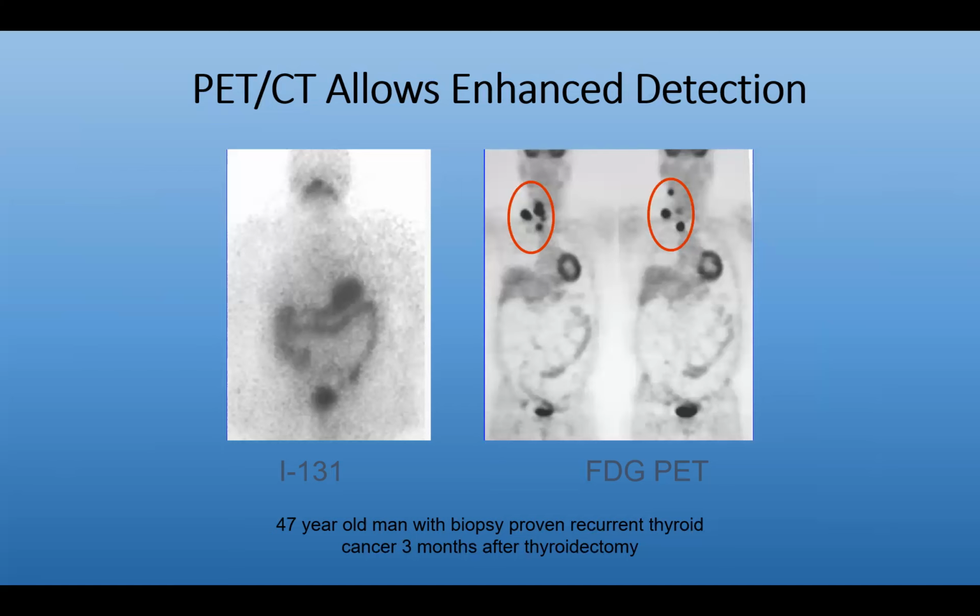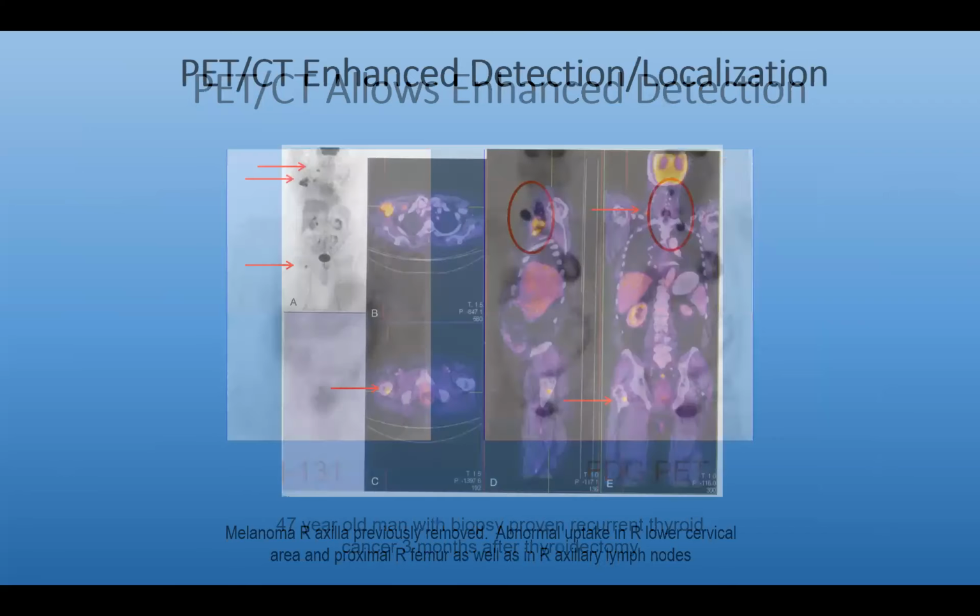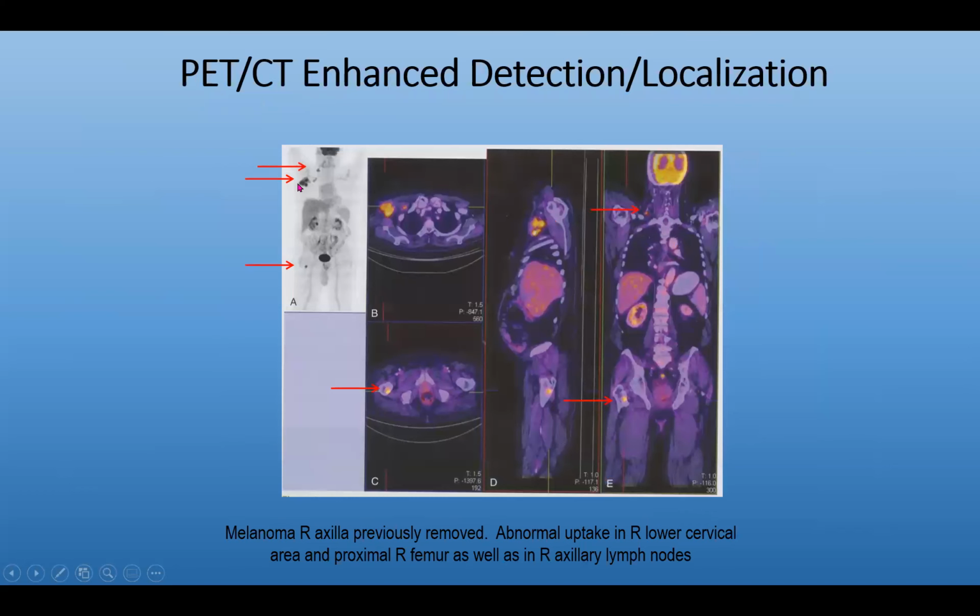Here's another example of enhanced detection and localization. The PET study showed that the patient had a number of abnormal lesions in their body. This was a patient with a melanoma in the right axilla that had been removed. You can see that there's still some uptake in the axilla. There also is some uptake in the cervical area, maybe cervical nodes.